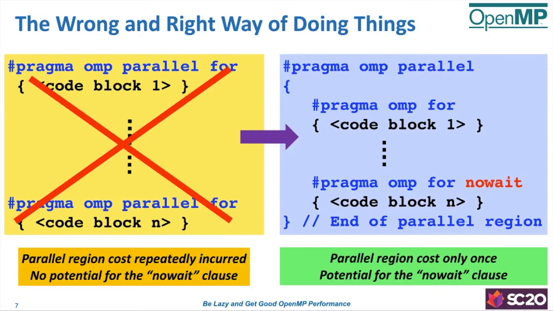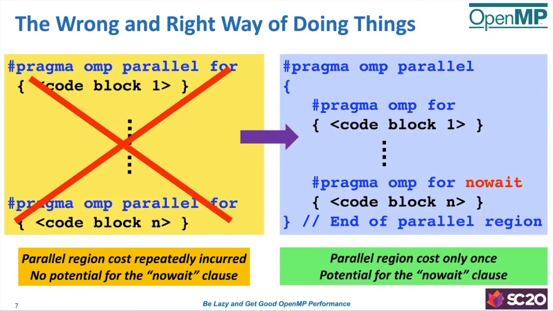As you probably know, the nowait omits the implied barrier at the end of a construct. And sometimes that barrier is not needed. Barriers are there for safety, and sometimes you need them. But OpenMP by design is a very safe language, and it inserts a barrier where it may not be needed. With the nowait clause, you can get rid of it. Certainly, the one at the very last loop is redundant because there's a barrier at the end of the parallel region anyhow.